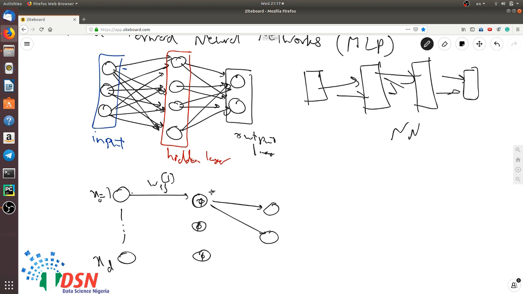Let's call the output of these units Z1. Then W_jk of layer 2, and for the output layer, let's say we have the activation function psi and the outputs O1 and O2.